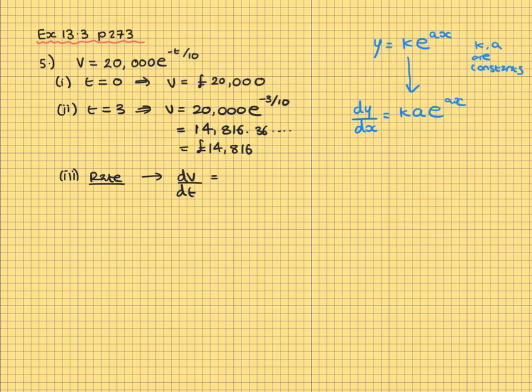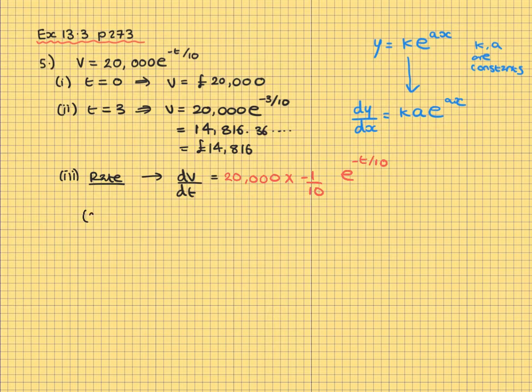So if we go back to our derivative of v with respect to t, this will give us 20,000 multiplied by negative 1/10 e to the power of negative t over 10. So that formula will allow us to calculate the rate at which the value is falling.